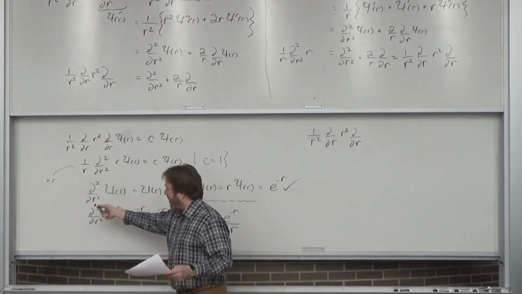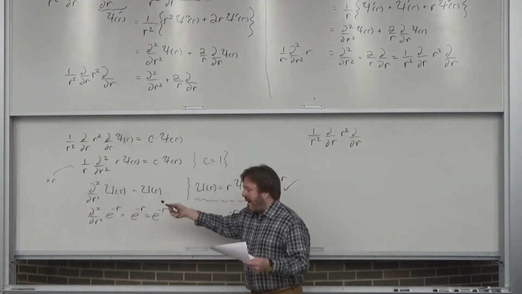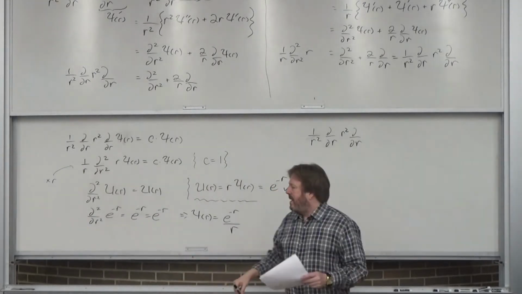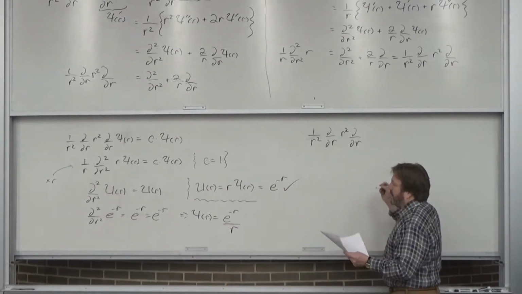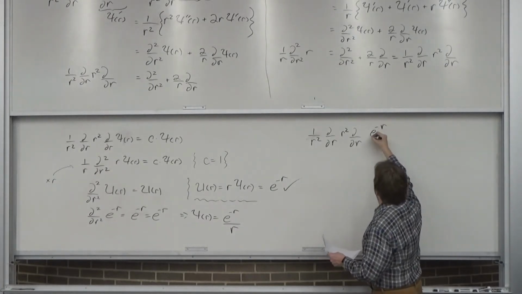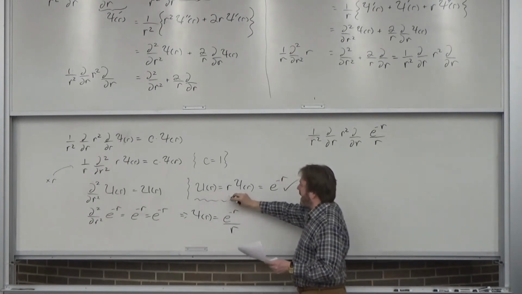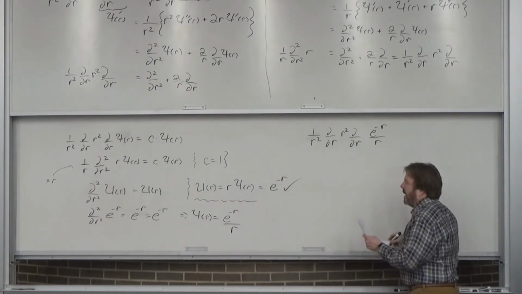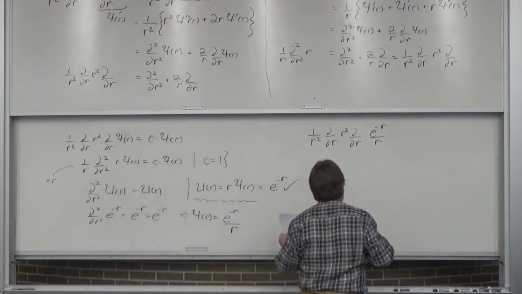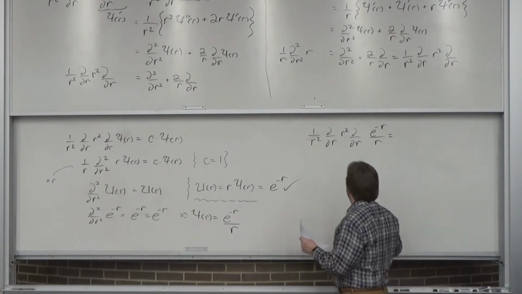I know you didn't have diffie-q, but come on, this is double derivative of a function equal to itself. And even if you're not comfortable with that, the solution is e to the minus r. So I'm going to go back to the original wave function and point out that the real solution is e to the minus r over r, and that comes about from this substitution right here. And it needs to be equal to a constant times itself. And the constant, we've already decided it was 1 just because that was easier.